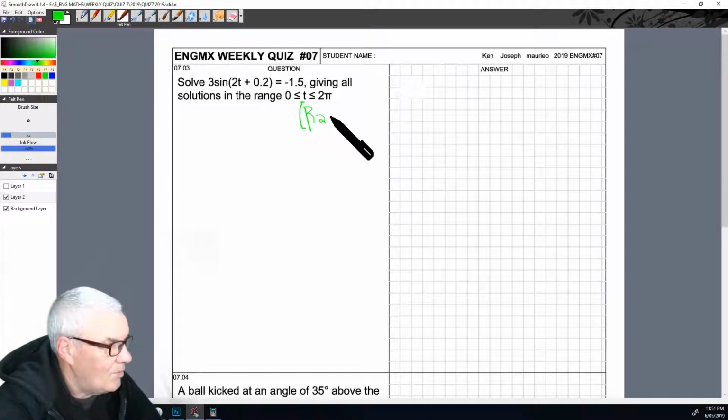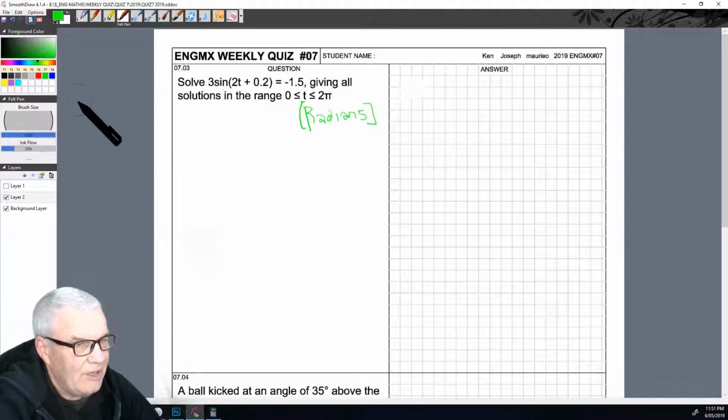That's better. Okay, so just using the smooth draw program, we're using radians.